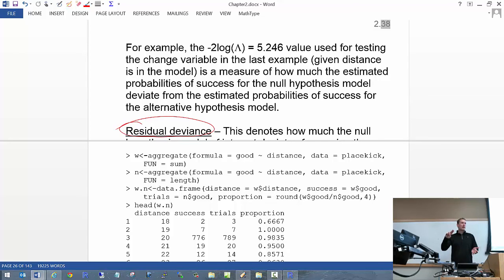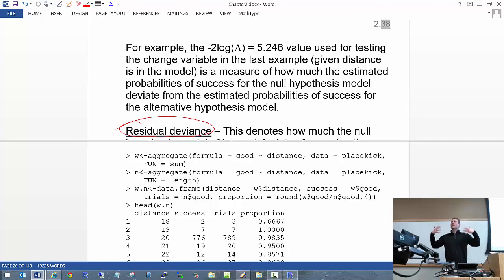So you can see what you're doing with the residual deviance. You're comparing a model that's not that complex, with just distance in it, to a model that's extremely complex, that has as many parameters as you could possibly have. Since this is as many parameters as you could have, this kind of model is called a saturated model. It's like a towel that has been dipped into water and is holding essentially as much water as it can.